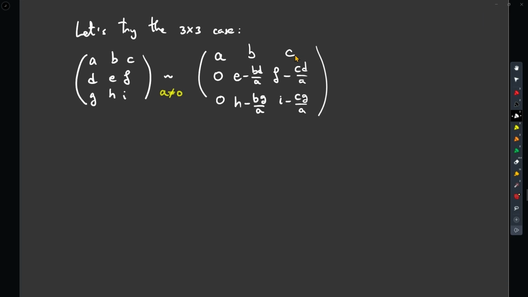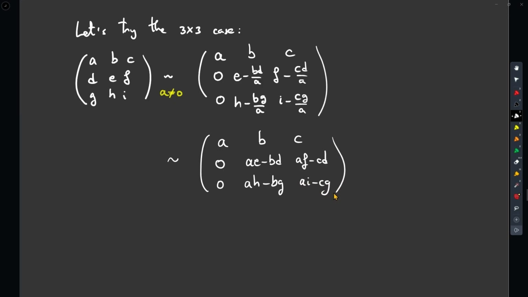Then one more row reduction: I'm going to multiply both the second and third row by A to simplify the expressions here. I get A, B, C; 0, AE minus BD, AF minus CD; 0, AH minus BG, AI minus CG.